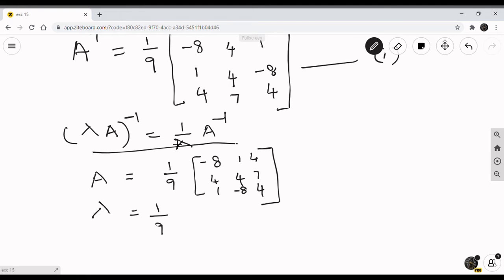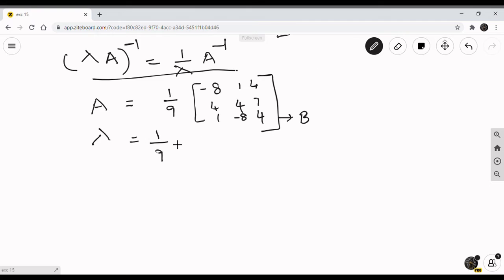For time being, this matrix can be considered as B, this alone. A inverse is equal to 1 by lambda, and 1 by lambda means 1 by 1 by 9, and that matrix as B. So this becomes 9B inverse.